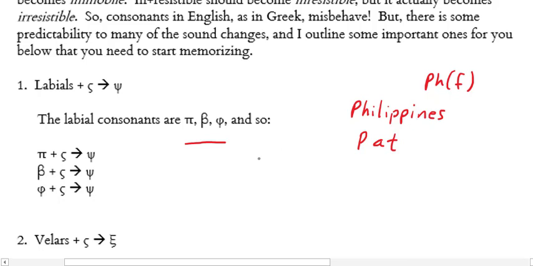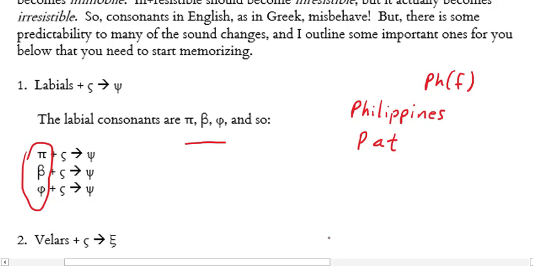Okay? Anyhow, anytime you add an S sound after a labial, it's going to become in Greek a psi. Psi. Okay? And when that psi is written, it's going to obscure which labial consonant you started with. Now, can you see how this is going to be a problem with third declension nouns that have a stem that ends with a labial?